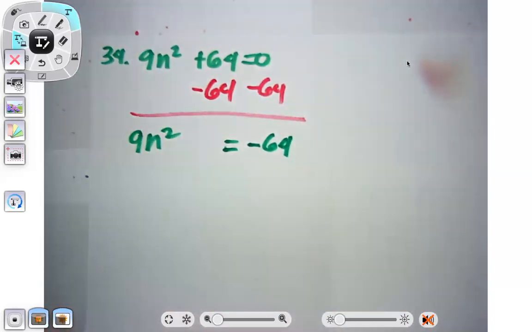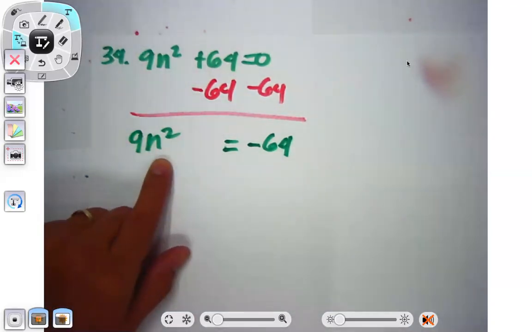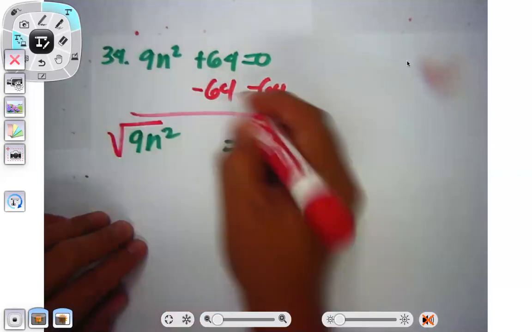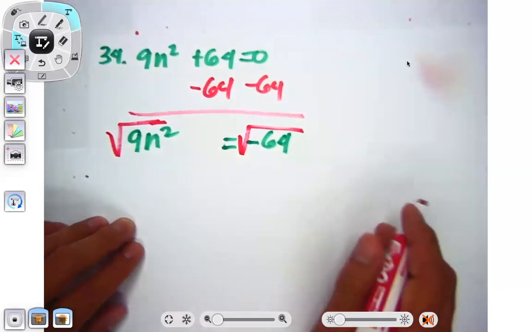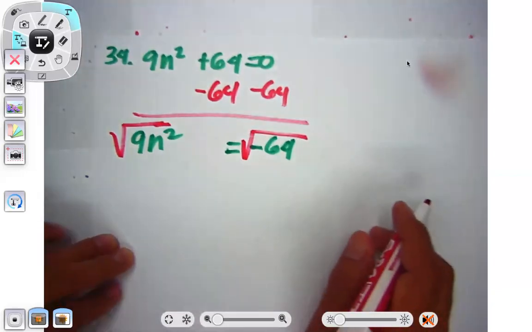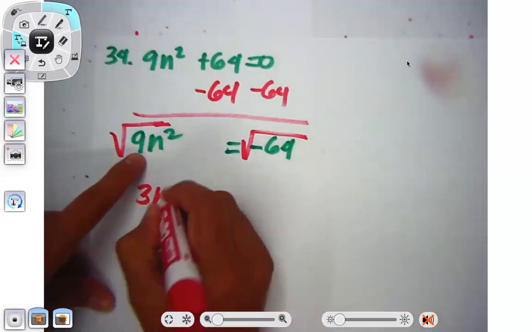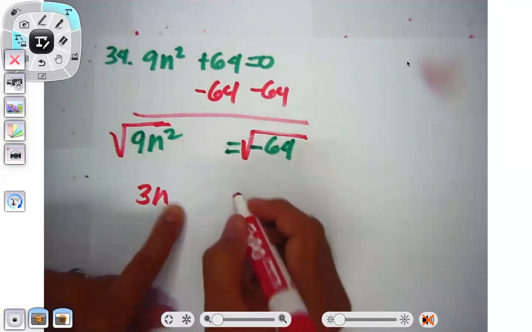Can we apply square root now? Yeah, 9n squared is a perfect square. So we can apply the square root property here. Let's get the square root. Square root of 9 here, 3. Square root of n squared, n, so 3n.